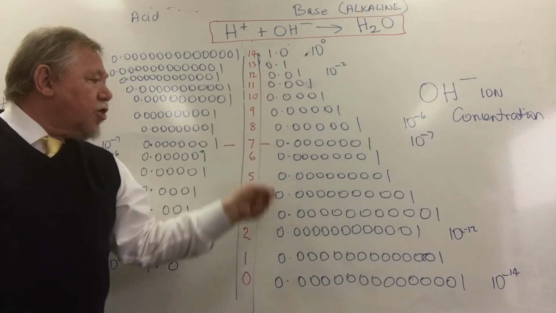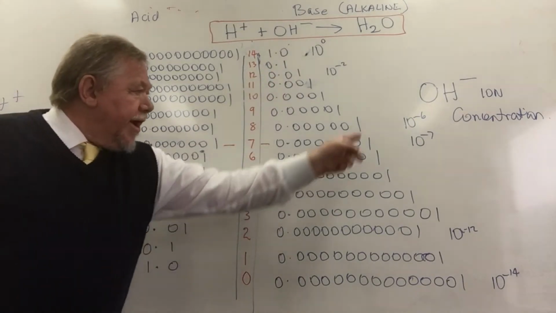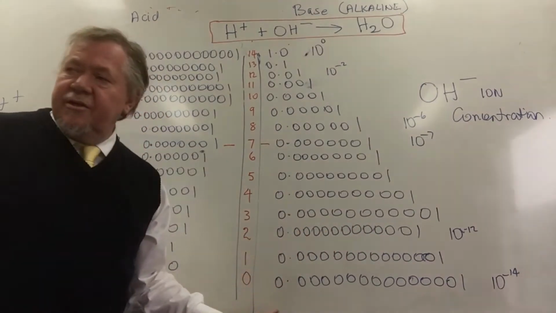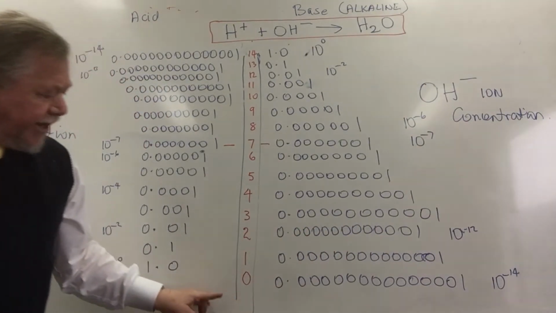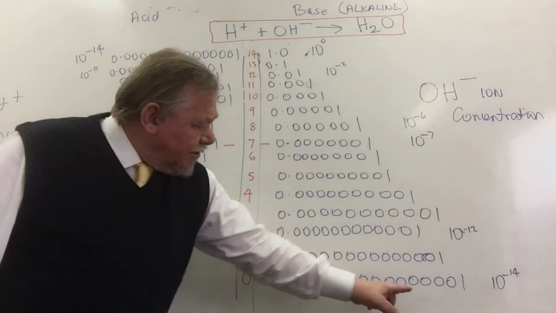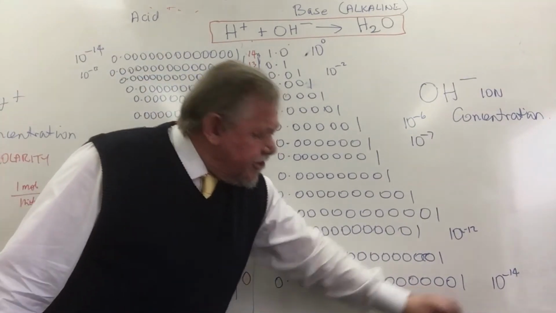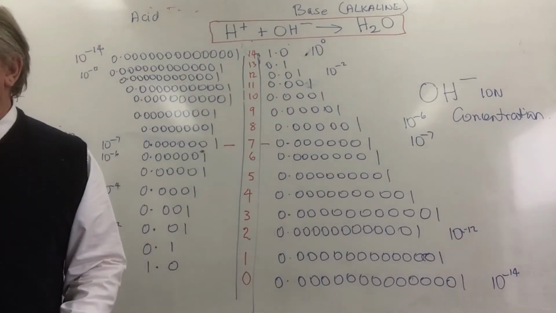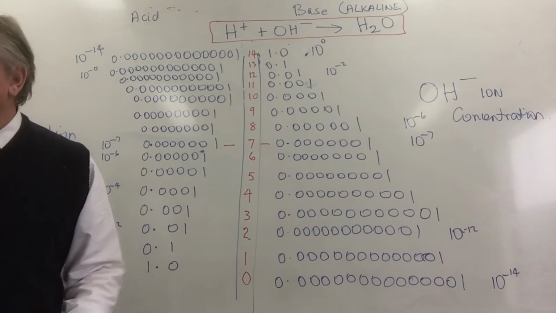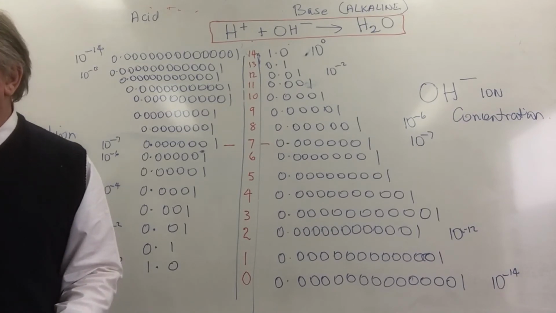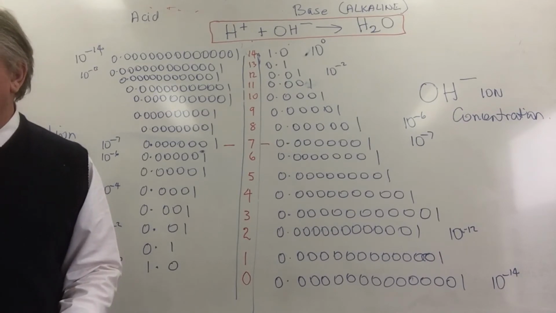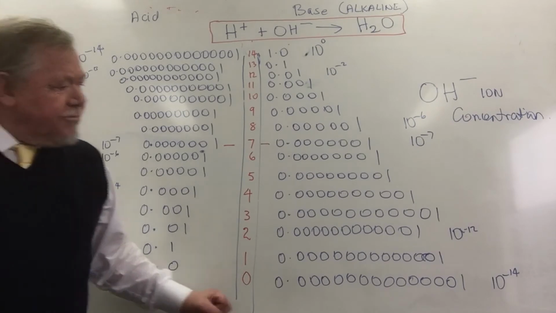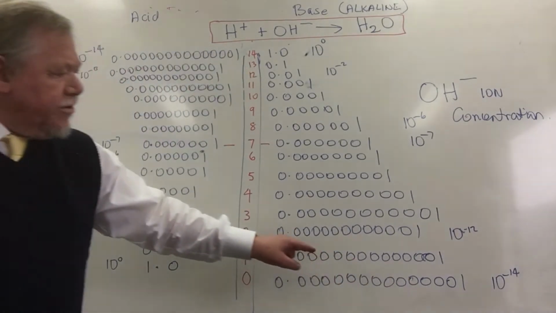As the pH drops, the amount of OH minus ions drops. Look down here at the bottom where it's 0. This is 10 to the minus 14. That's 100 billion. Actually, it's more than that.